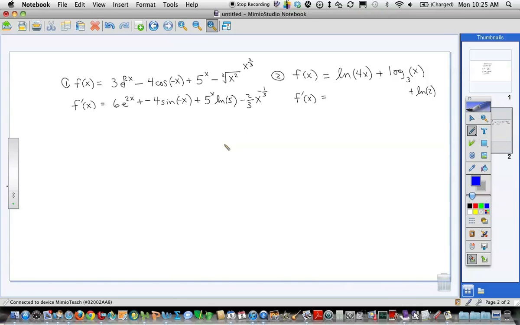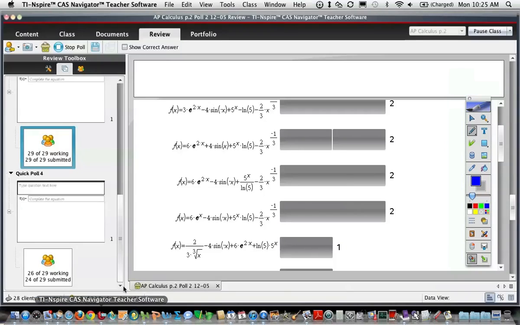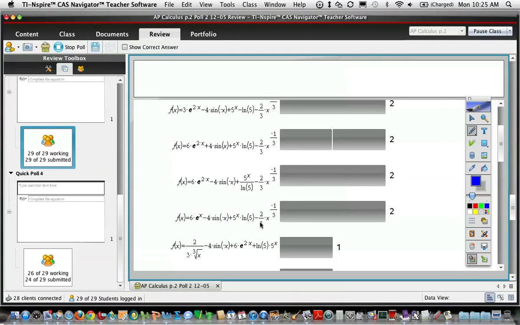Okay? Which it looks like this one is right here. No, but that was wrong with the e to the x. That one is right. It doesn't have a negative on the 2/3. Who did that one? We should have negative 2/3.